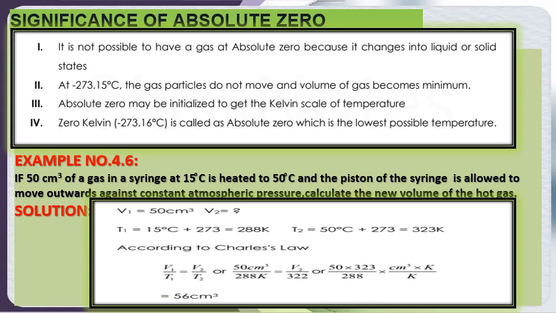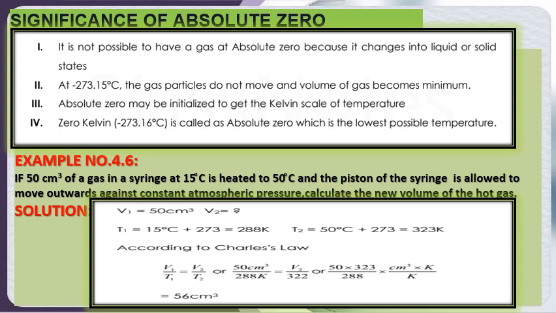The absolute 0 may be initialized to get the Kelvin scale of temperature. Yes, you can find out the temperature in the Kelvin scale. Now the 0 Kelvin, minus 273.16 degrees centigrade, is called the absolute 0, which is the lowest possible temperature, as I told you earlier.